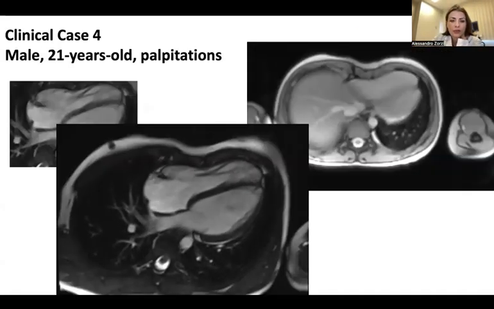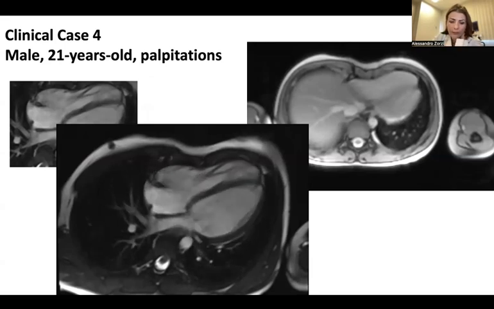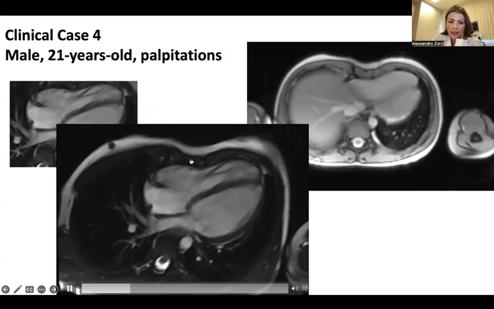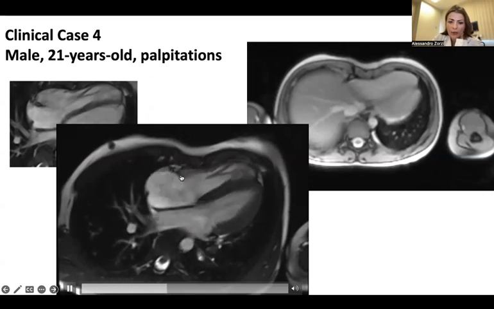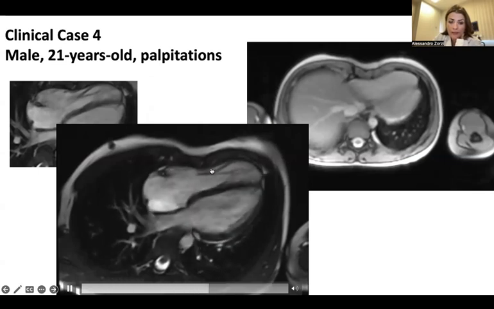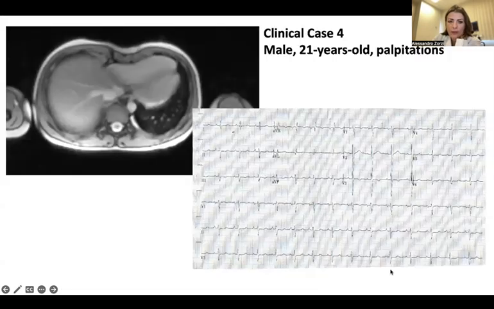Male, 21 years old with palpitation. You can pose the diagnosis from the beginning. You can see he has a real diagnosis of pectus excavatum. And you can see how the anterior wall of the chest is pressing the right ventricle, and this can cause arrhythmia as well.